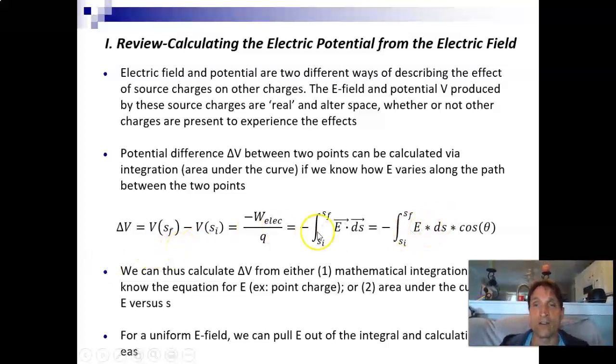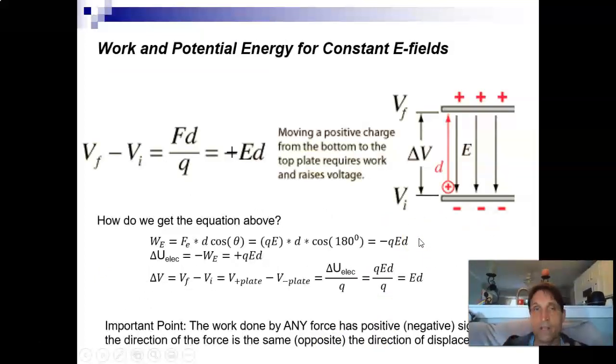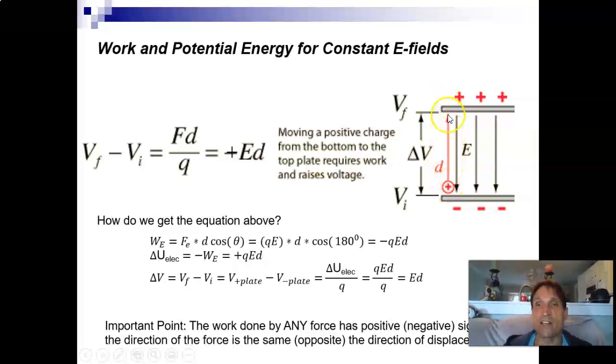Now, there's certain cases like where if the electric field is a constant, we can pull it out of the integral. And in this case, it's easy to calculate a potential difference if E is a constant. And we derived in that case that the potential difference is just the electric field times the displacement ds, which for a capacitor would be d.